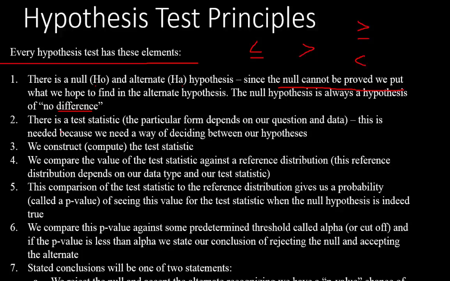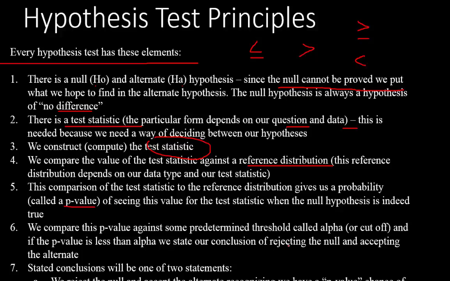Well, to test that, we need a test statistic, and it depends on our question and the data. We construct this test statistic. We compare it against a reference distribution, and then this gives us what's called the p-value.